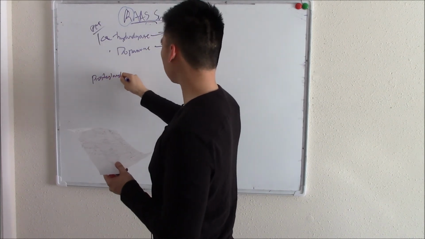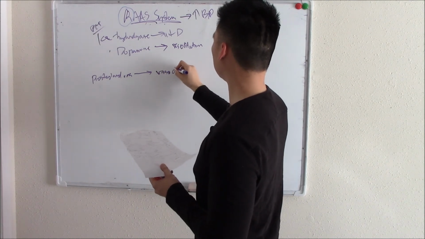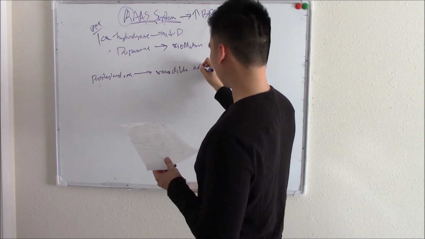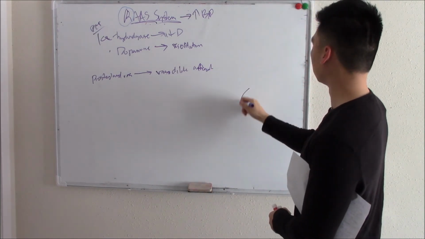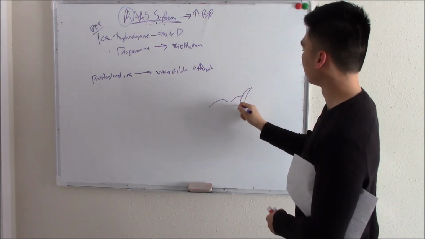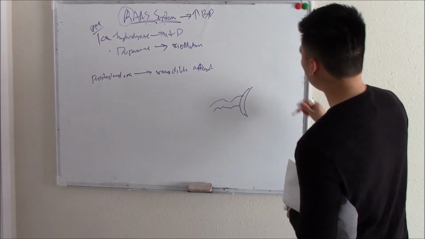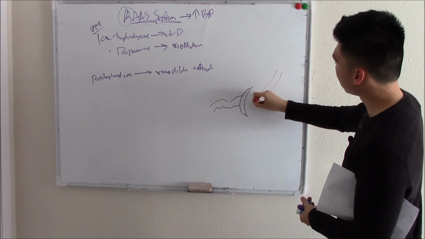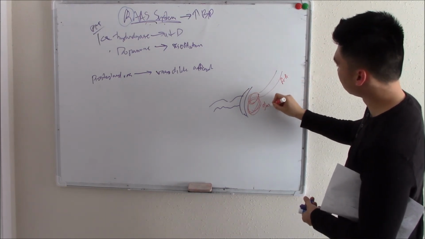And what do prostaglandins do again? They vasodilate the afferent. All right, so let's draw it out. Here's the glomerulus, proximal convoluted tubule, being fed by afferent arteriole. Here's your glomerulus.